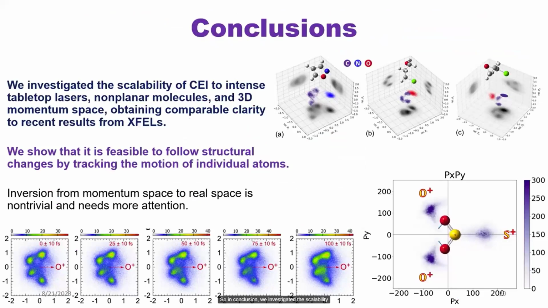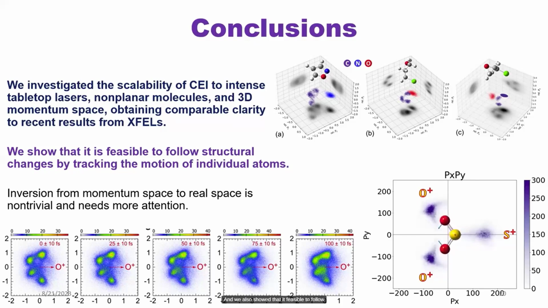In conclusion, we investigated the scalability of Coulomb explosion imaging to intense tabletop lasers, non-planar molecules, and 3D momentum space, and under these conditions we obtain clarity comparable to recent results from the X-ray free electron laser.